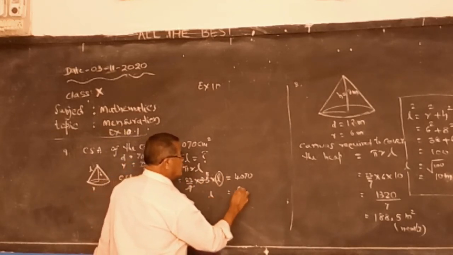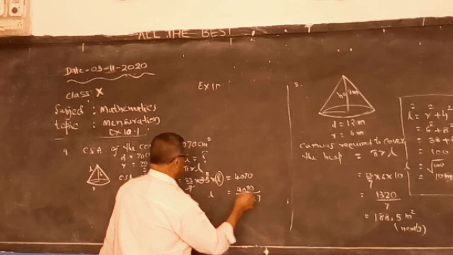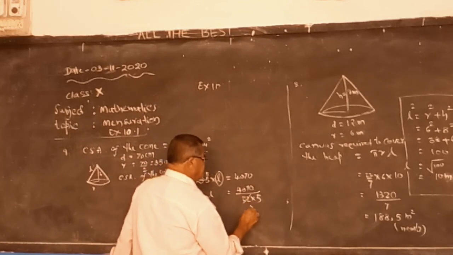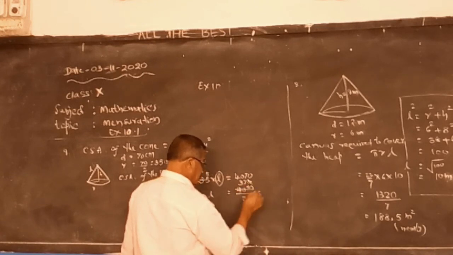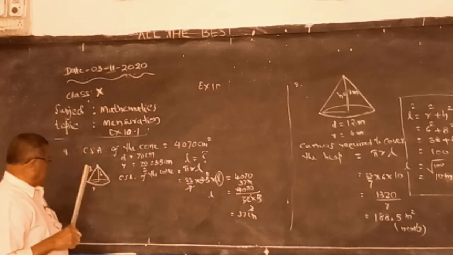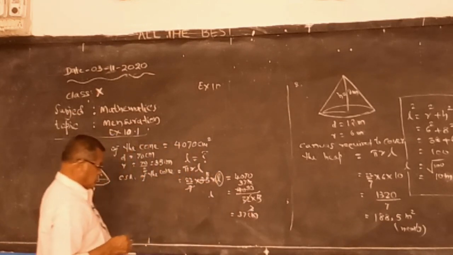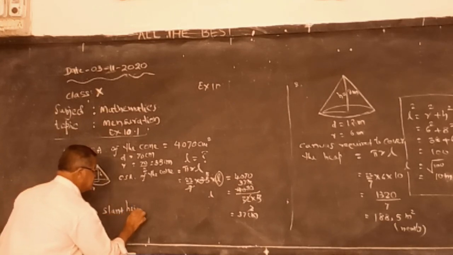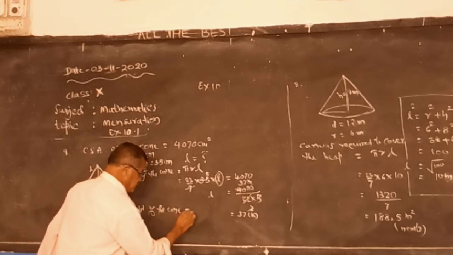Therefore, L is equal to 4070 by 22 into 35. 22 into 5, 11 twos are 22, 11 threes are 33, 11 sevens are 77. 5 twos are 10 cancel. So this is 37 centimeters. So the slant height of the cone is equal to 37 centimeters.